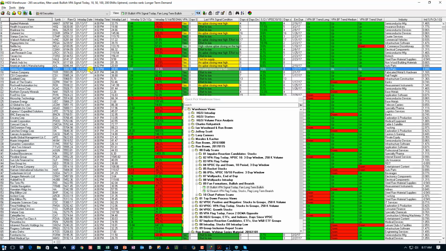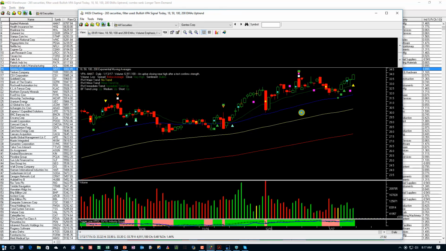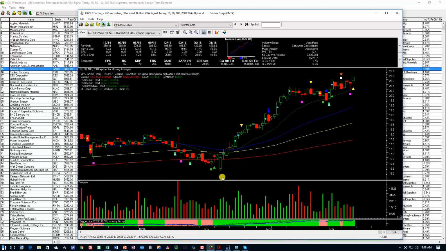Now if I come back here and bring this up once again, we've looked at this many times, and where would the conditions have been met? First of all, the fan has to be in place for the longer term demand. The 18 did not cross until this point right here. So you're not going to catch this off the bottom with this filter, because remember, the fan has to be in place.